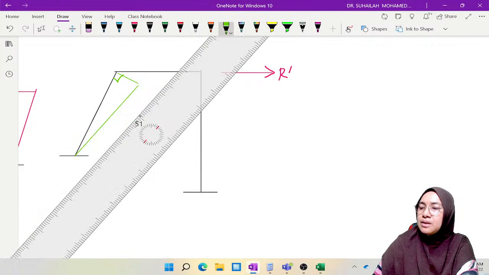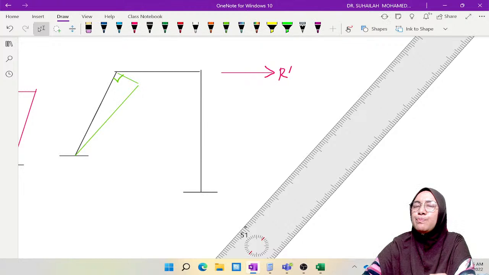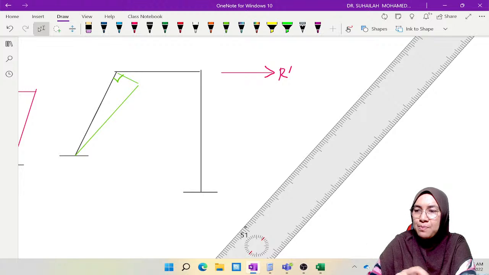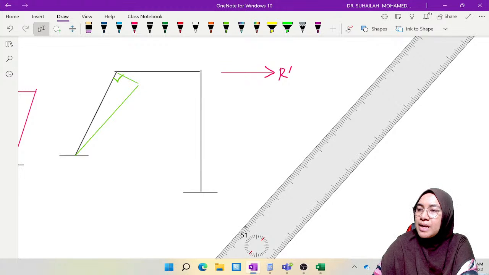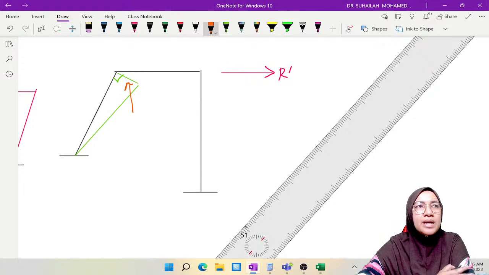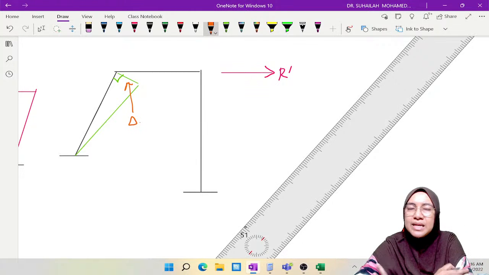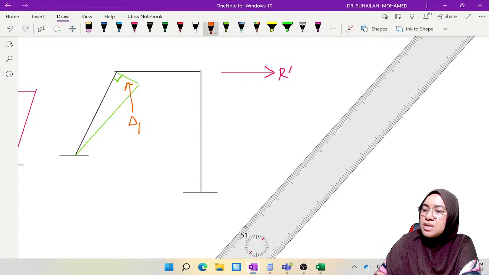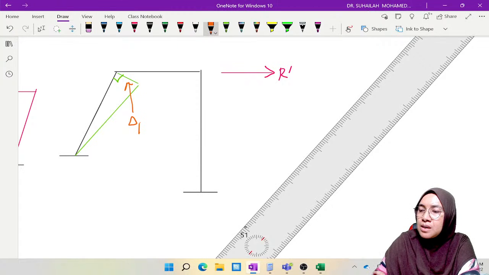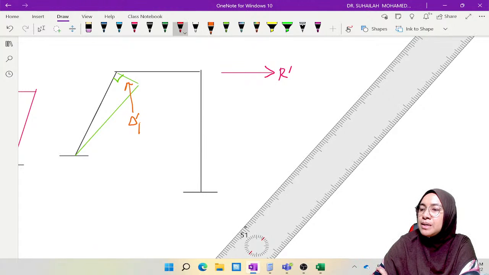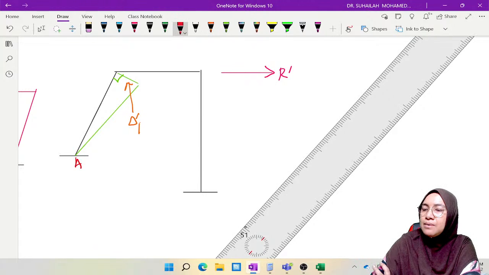Okay, the delta in column AB, where is it? It is perpendicular. That is the delta. Okay, it is delta 1, which is perpendicular to member AB. Member AB is member number 1.